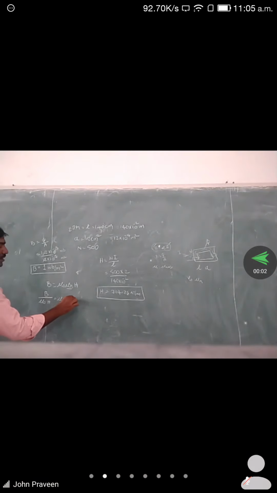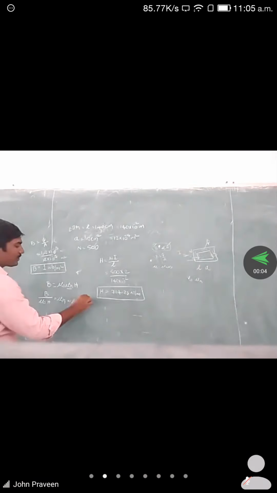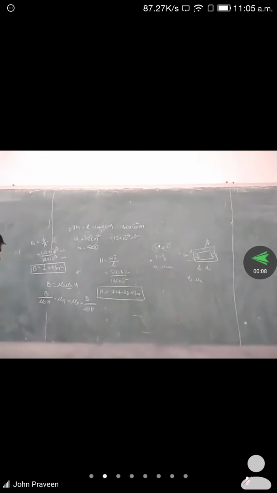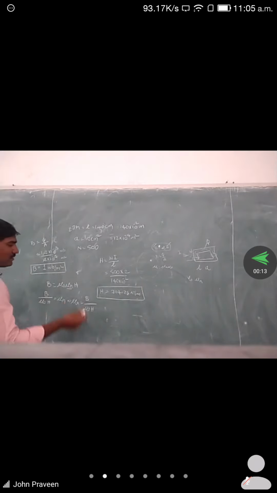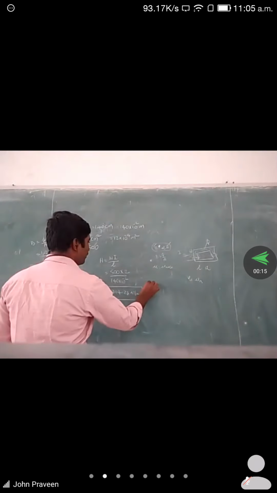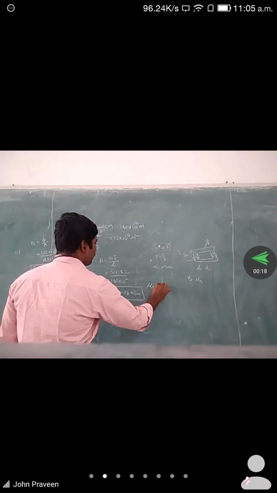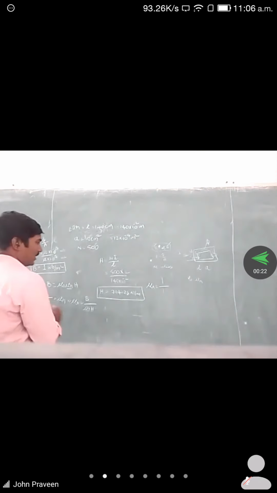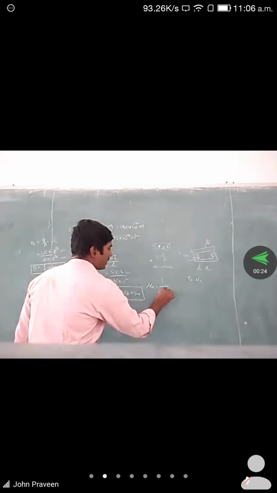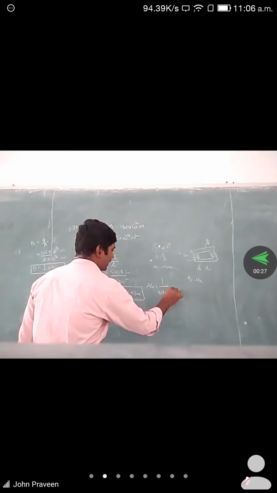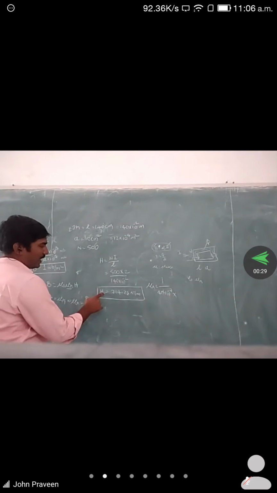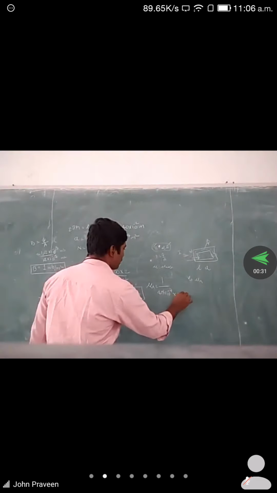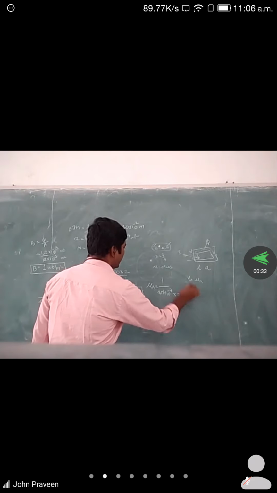We can write mu r is equal to B by mu naught into H. So then substitute the values. If I substitute the values, B is equal to 1. Therefore, mu r is equal to 1 by mu naught value, which we already know, 4 pi into 10 to the power of minus 7, into H value, 714.28.